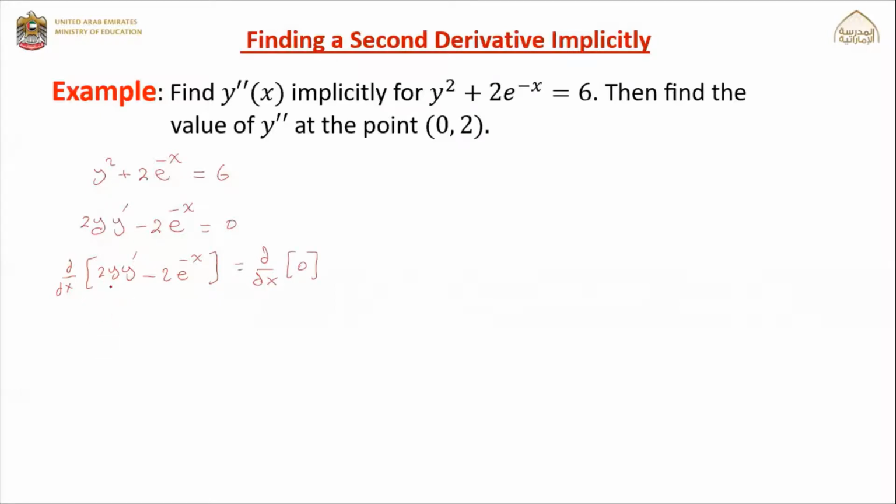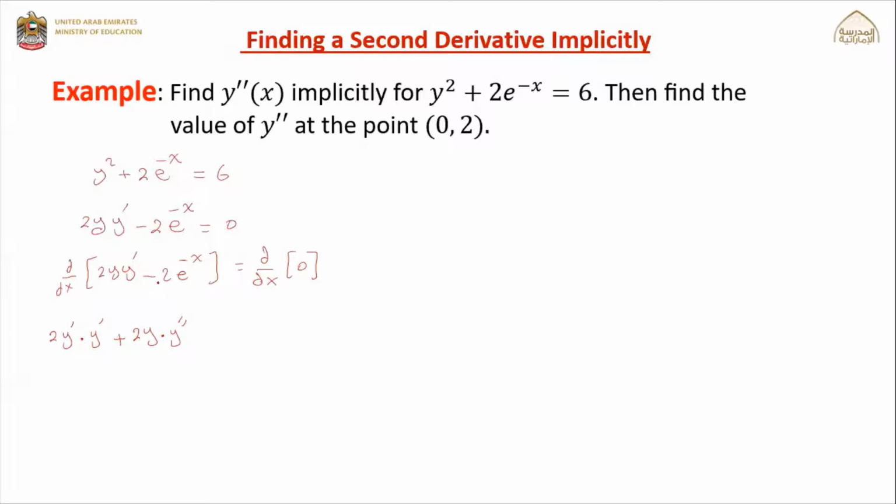Now, the derivative of 2y y prime. It's a product between two terms, so I will use the product rule. The derivative of 2y is 2y prime, times the second term y prime, plus the first term 2y times the derivative of y prime. The derivative of y prime is y double prime.